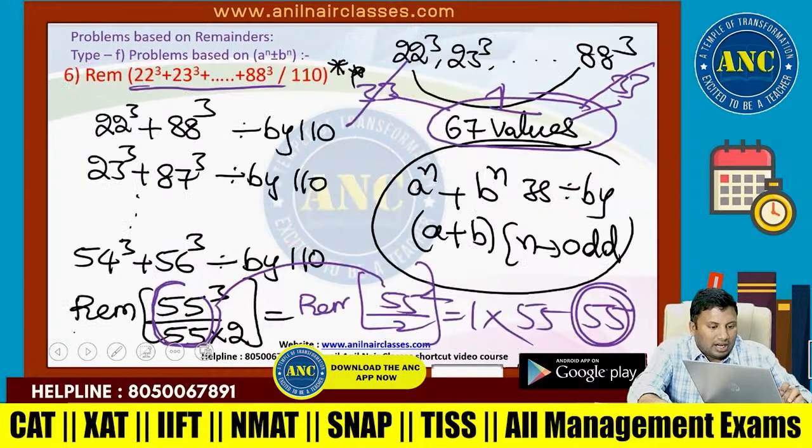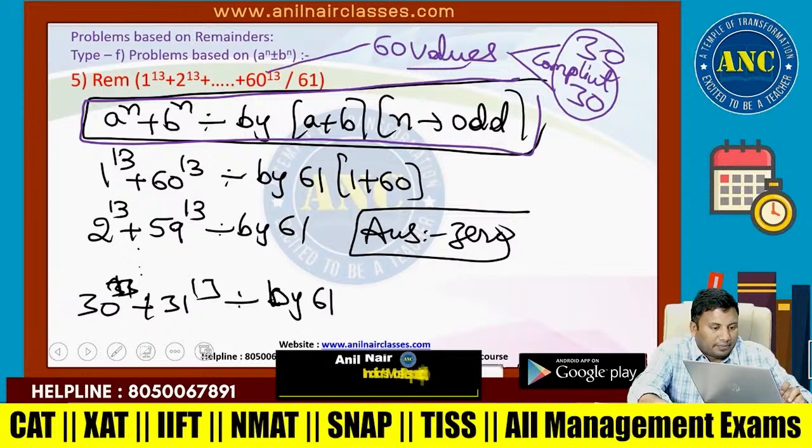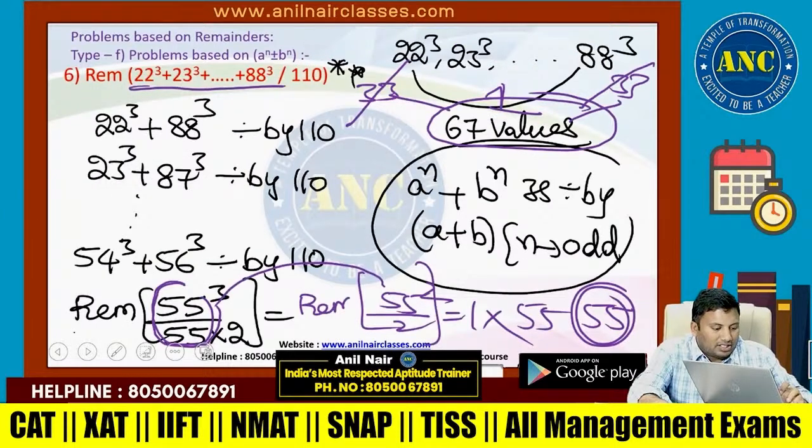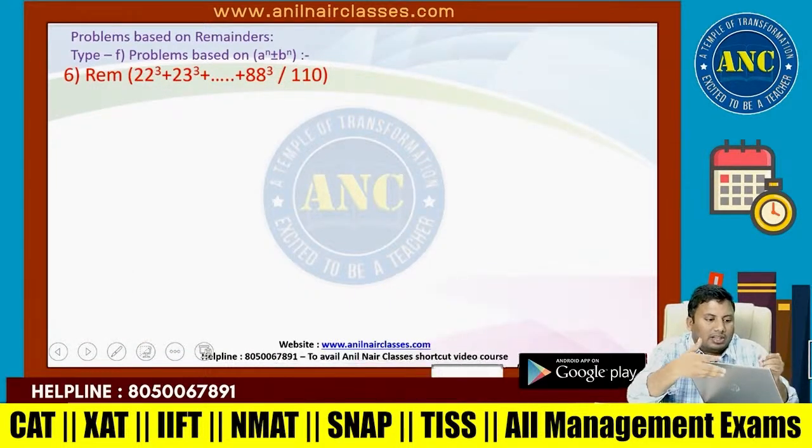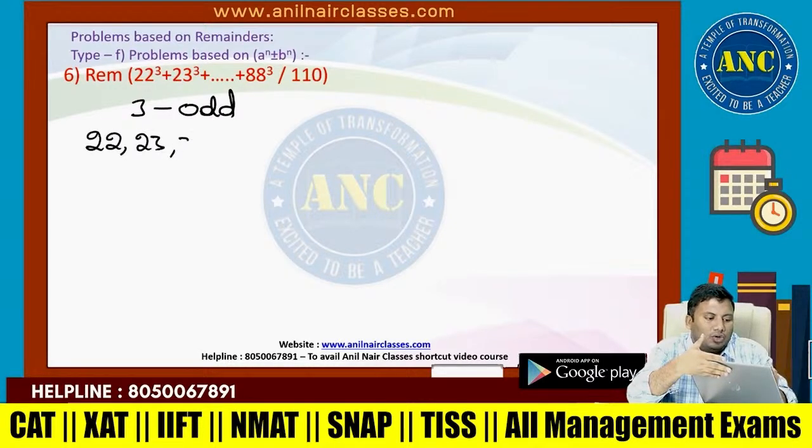Where is the other question? Now see here. You don't need to do all this. 3 is an odd number. 22, 23, 24 till 88.